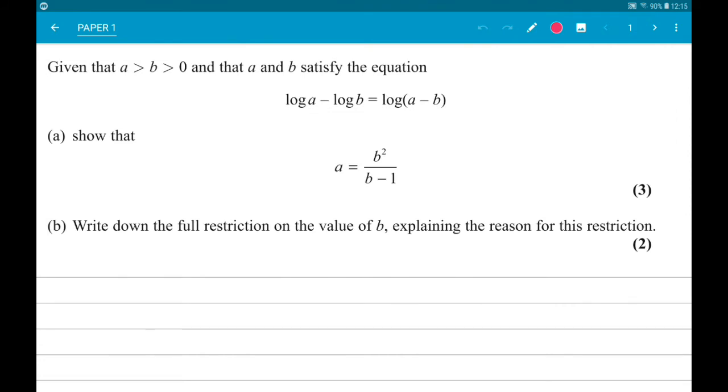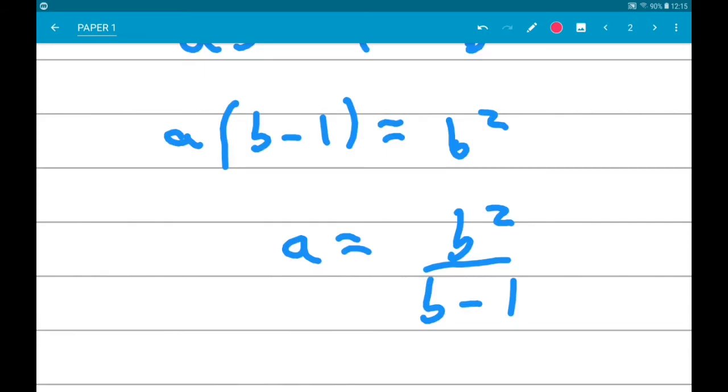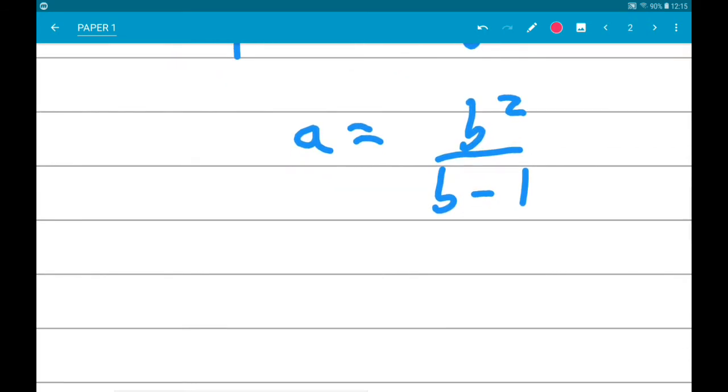Given part B, write down the full restriction on the value of B, giving a reason for the restriction. So, we know that A was greater than 0.